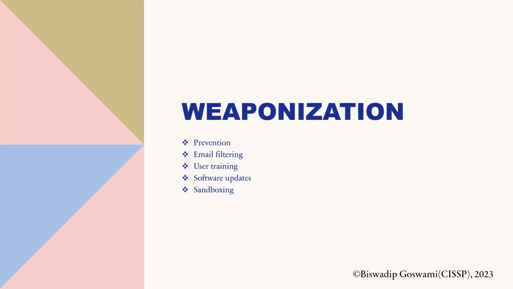Regularly patching and updating software can help ensure that your systems are protected. Sandboxing. Sandboxing is a technique that involves running potentially dangerous code in a safe, isolated environment. This can be used to test suspected malware and other payloads without risking infection of the primary system.